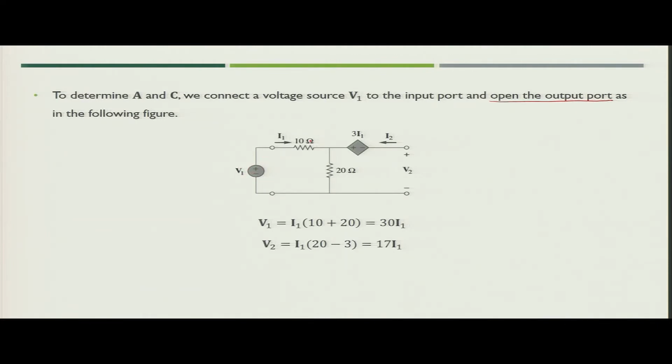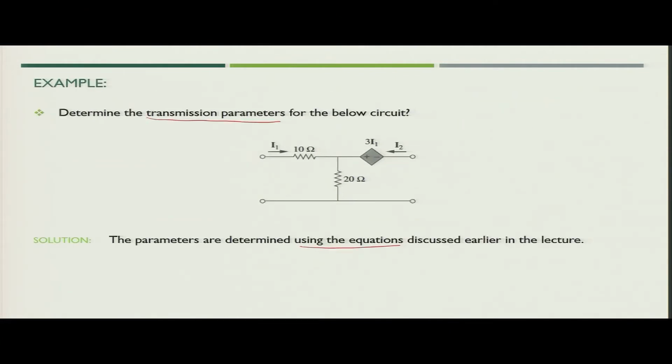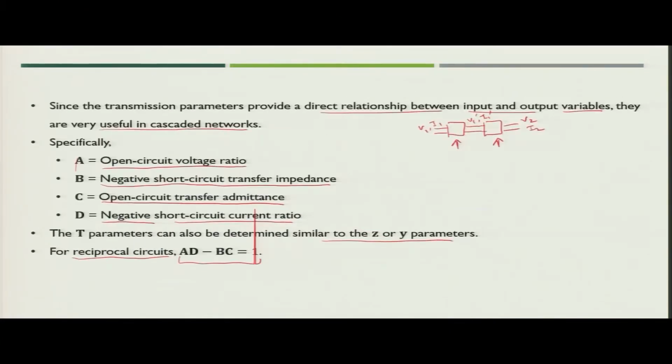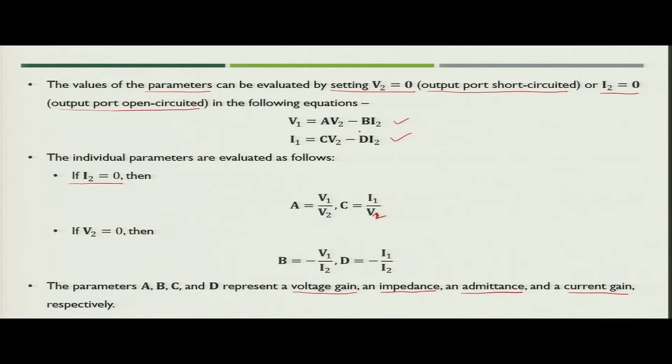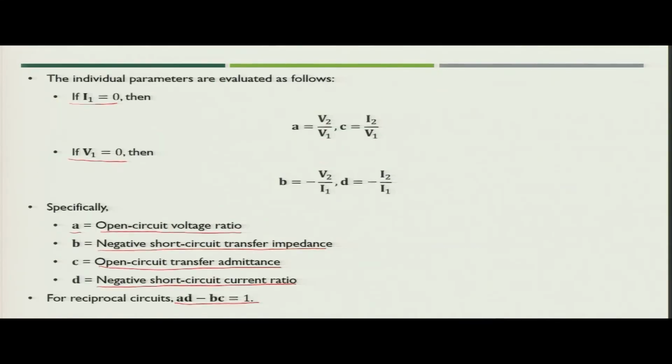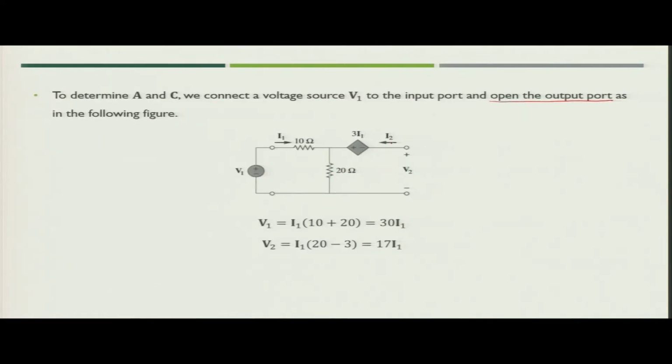When we have this particular condition, we put these values in the ABCD equations, that is the V1, I1 equations. So, when you put these values by setting I2 equal to 0, how will you get it?